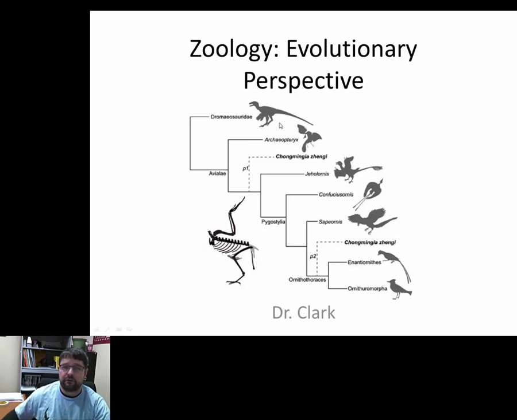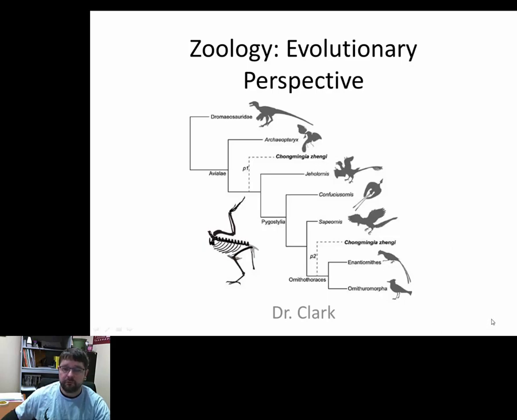But we've moved a long way from just saying Archaeopteryx, which was discovered in probably 1860-ish, somewhere in there, early 1860s is when the first Archaeopteryx was discovered. So from that point to now, we now know that it's not just Archaeopteryx that connects dinosaurs to birds.